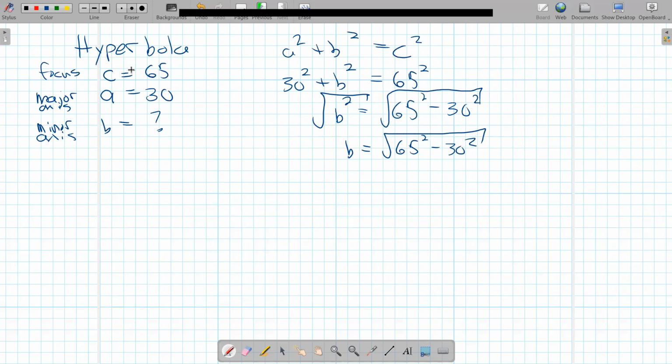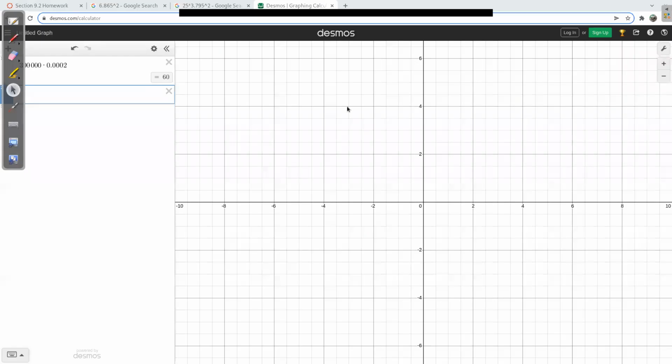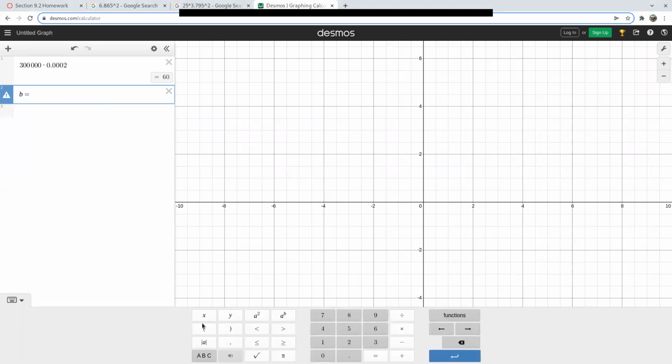All right, let's calculate. So we have B is the square root of our 65 squared minus 30 squared, which is around 58-ish. And we know that A is 30.